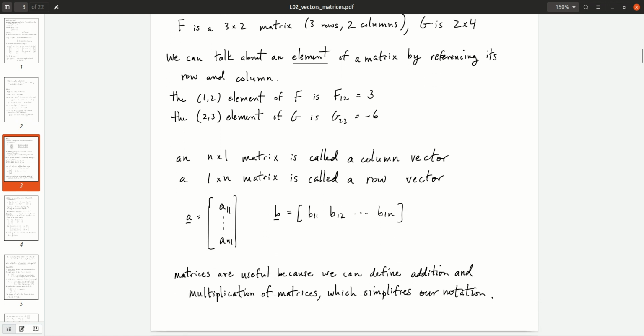Now, if we have a matrix that has only 1 column and n rows, we call that a column vector. So an n by 1 matrix is called a column vector, and a 1 by n matrix is called a row vector. Now here's a side note, a bit of an English lesson for you. I used "an" here and "a" here. The rule is we use "an" if the next word starts with a vowel sound.